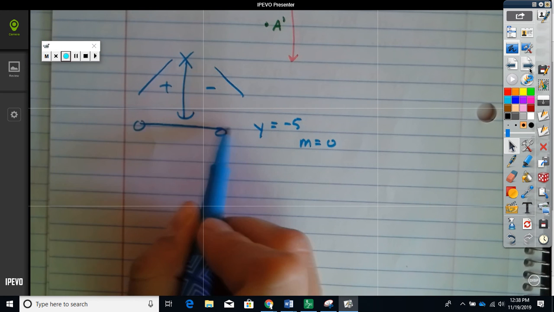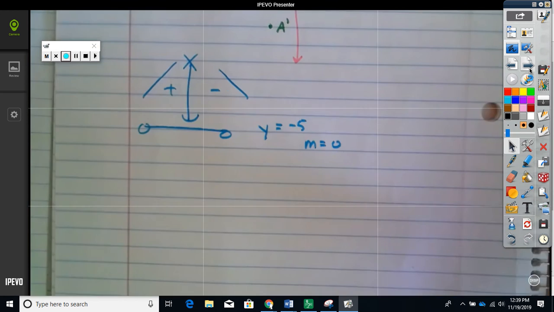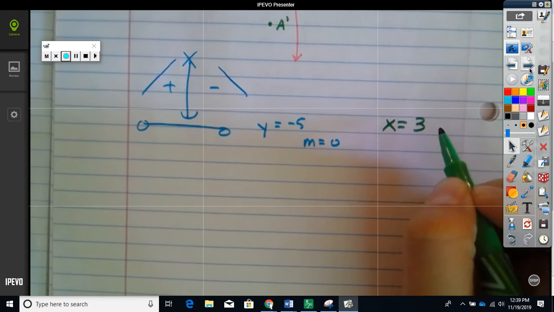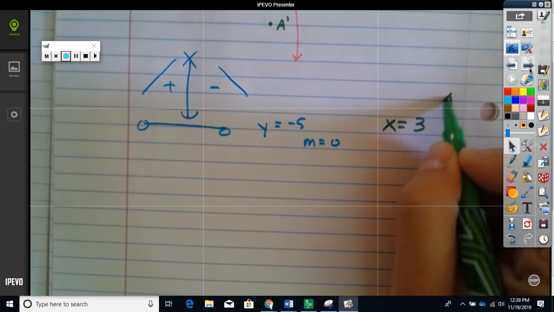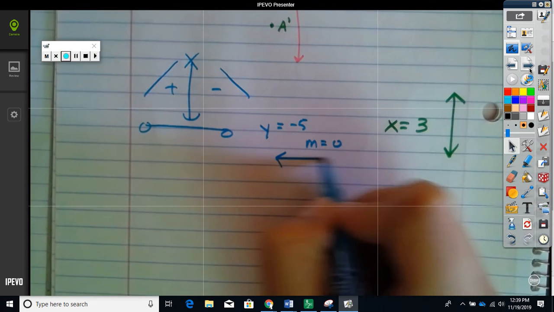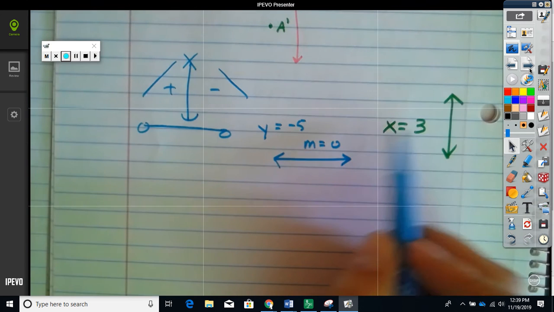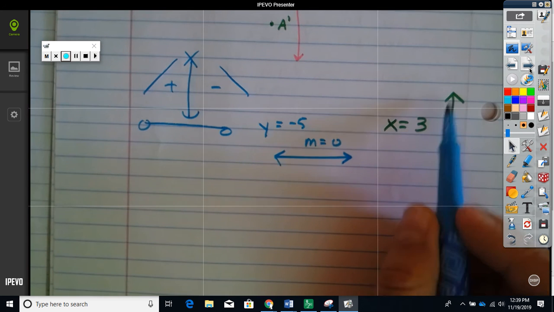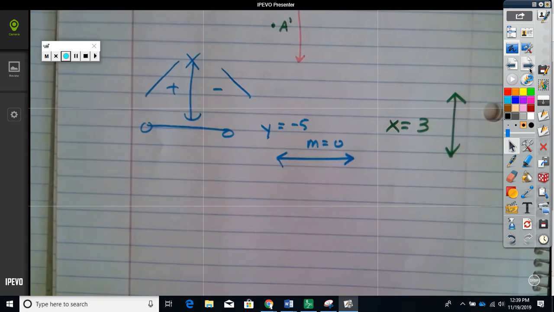But if you have an x equals line, like x equals 3, that's a vertical line, and it goes through number 3. Here it's a horizontal line because the slope is 0. And an x equals line is an undefined slope, and it's a vertical line.